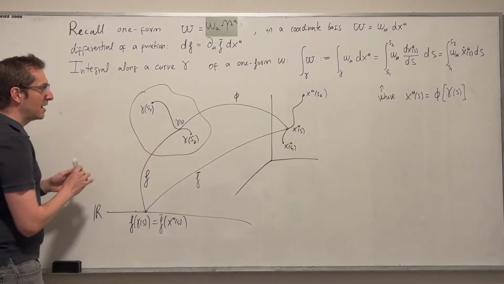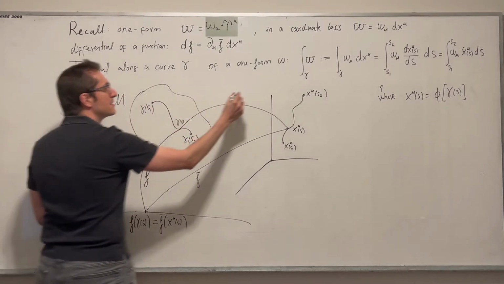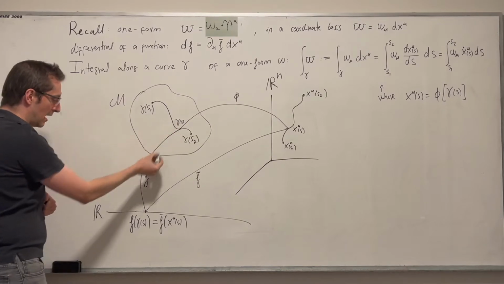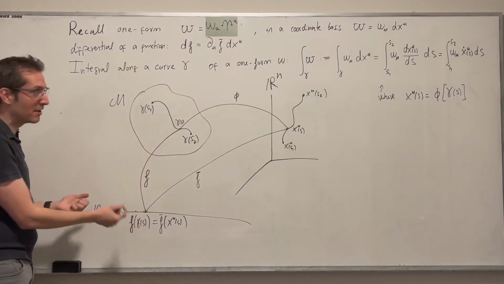Remember, this is the manifold, and this is R^n. f is a function that takes points in the manifold and maps them to R. It returns a real number.